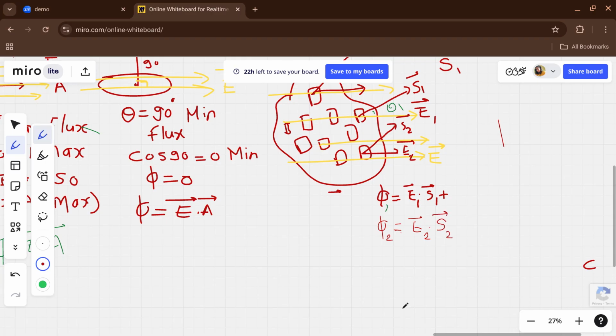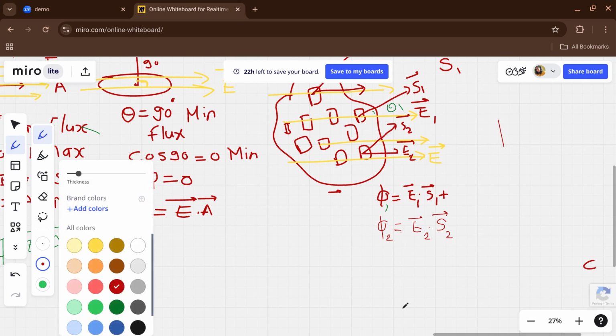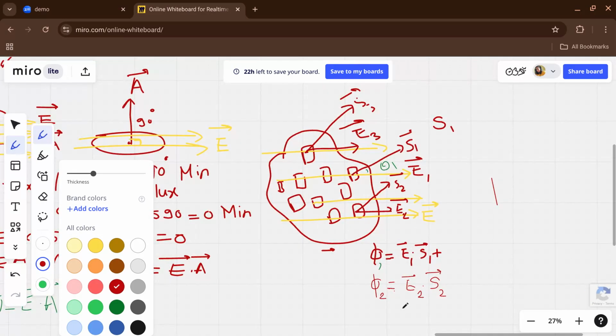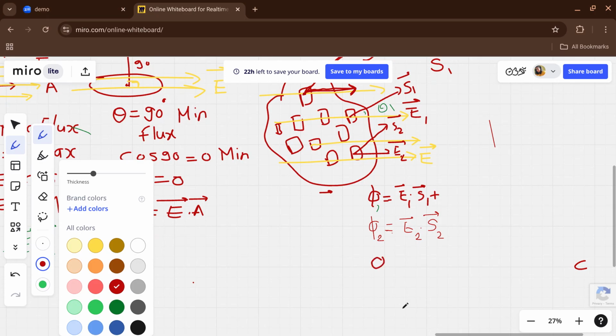Similarly, if I choose the third area vector, which is S3, this is S3 bar in this direction, and E3 bar will be the electric field intensity. So here phi 3 is calculated as E3 bar dot S3 bar.